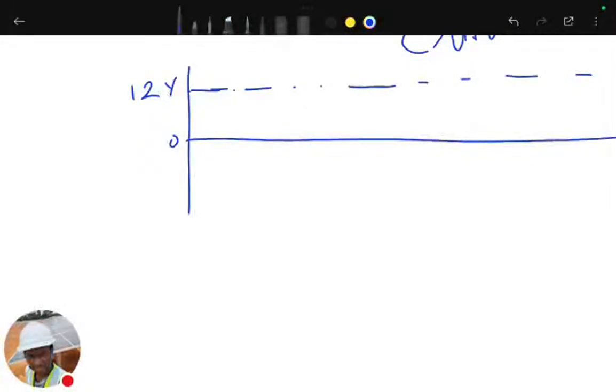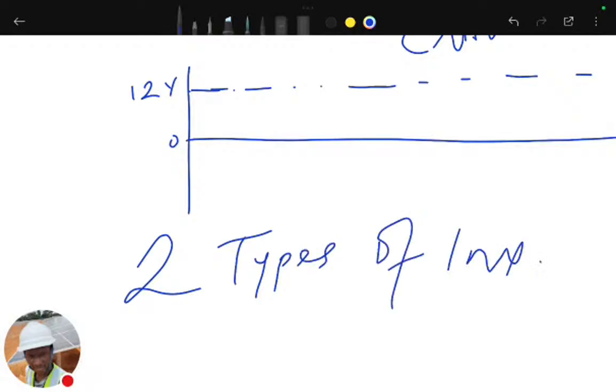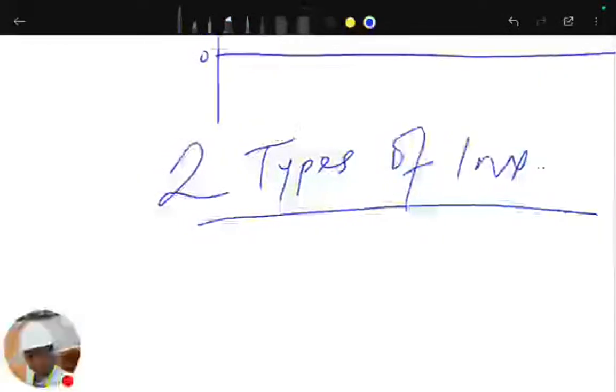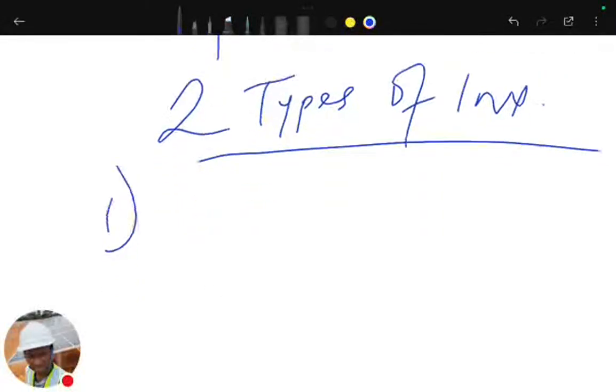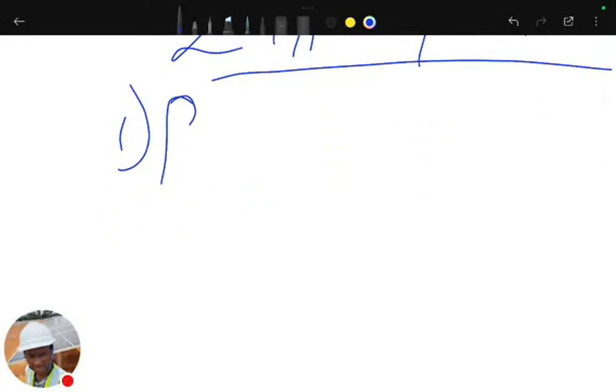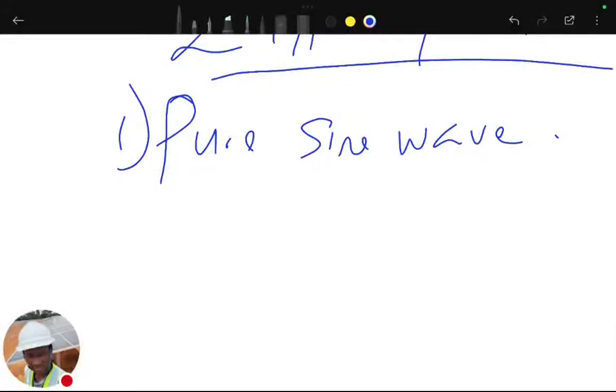Now, there are two types of inverter, at least as relevant to our field of study. We have the pure sine wave. As you know, AC is a sine wave, so an inverter converts the DC to AC.